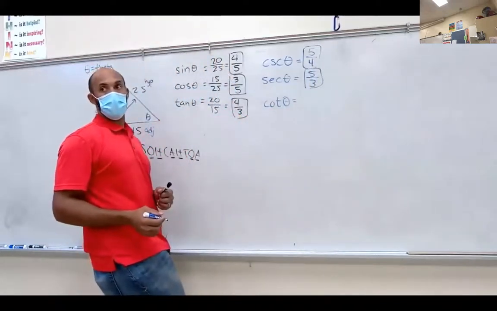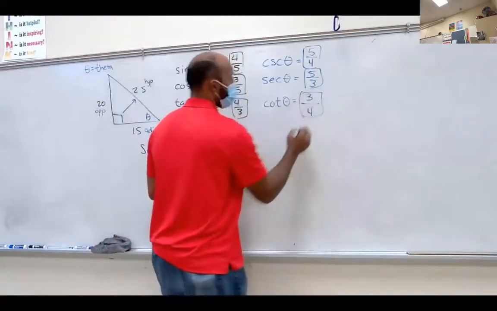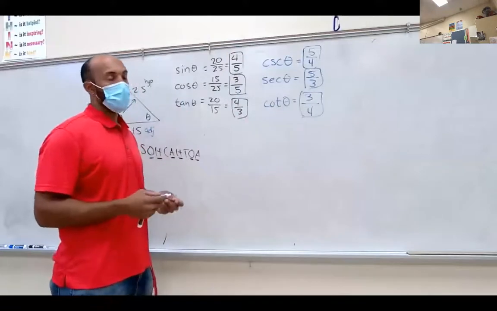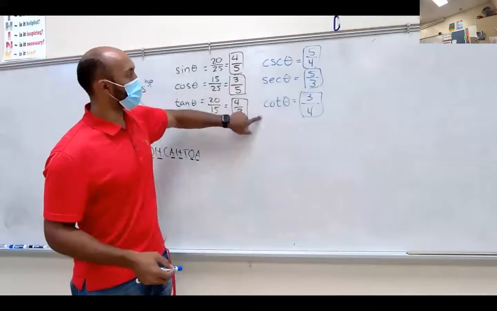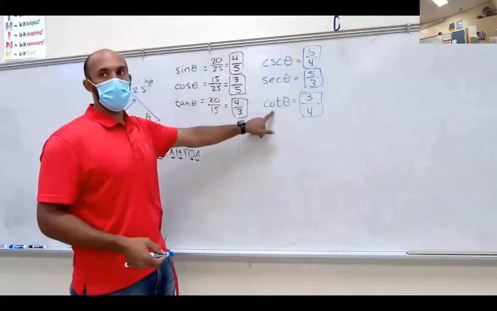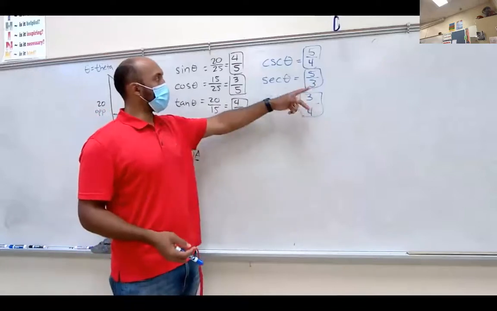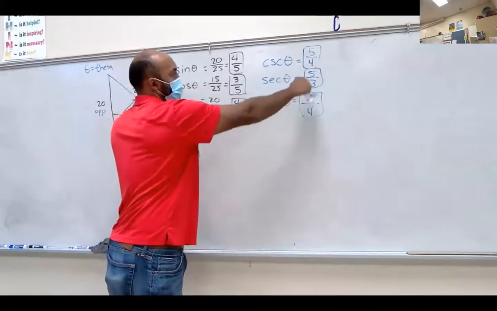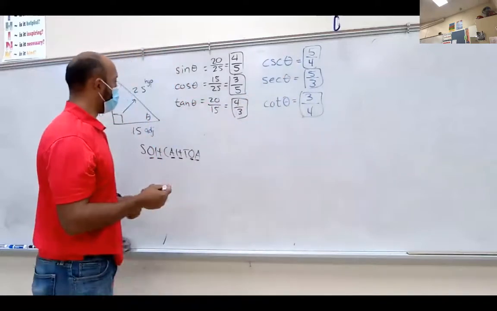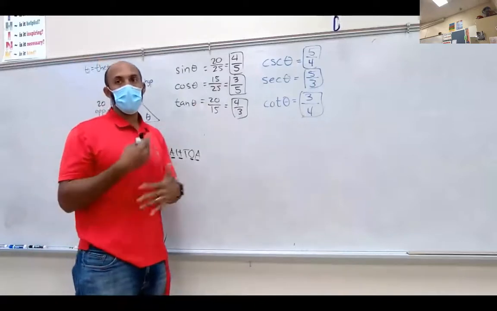For cotangent, 3/4. As long as you know these ones, and then know which one goes with cotangent, it's usually the easy one to remember. Tangent, cotangent, because the names are pretty much the same. But you just got to flip them. And then sine goes to cosecant, cosine goes to secant, and again, flip those. So all that is a ratio. All you're doing is setting up a ratio.